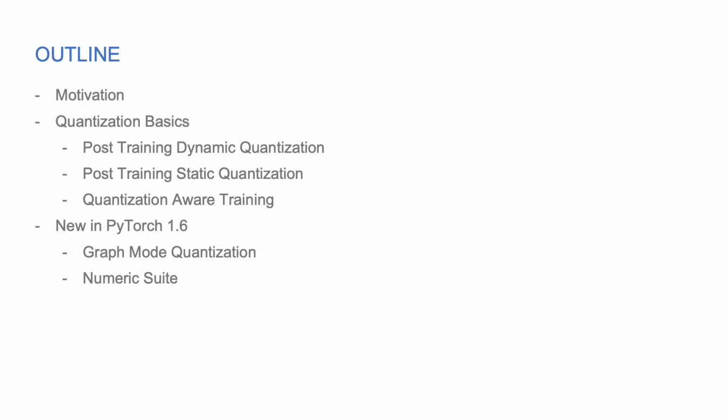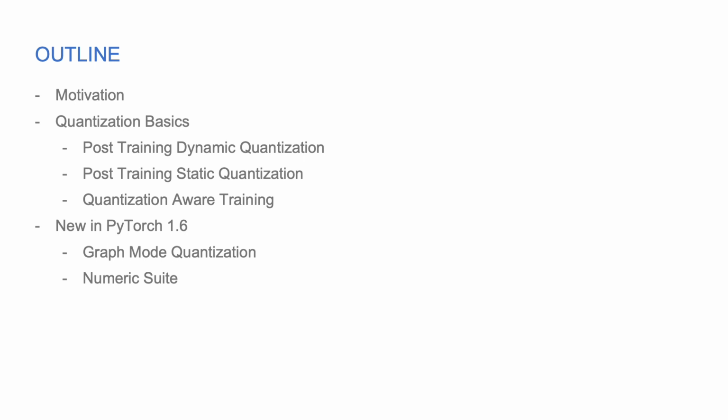The outline for this talk will be pretty simple. We're going to talk first about the motivation. I'll talk about a couple of different forces and factors that are driving our interest in quantization. And then I'll talk about the three basic workflows that you'll probably want to use if you want to quantize a new neural network model in PyTorch: dynamic quantization, static quantization, and quantization-aware training.